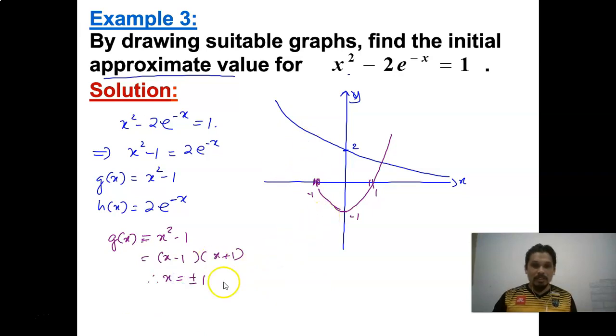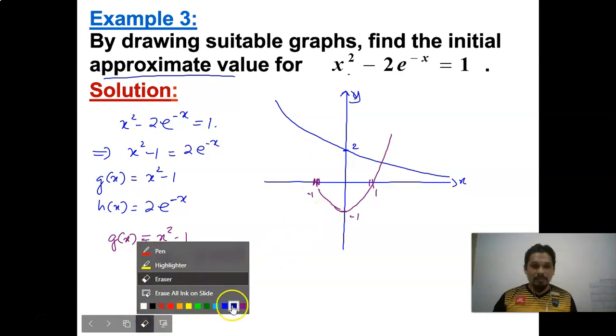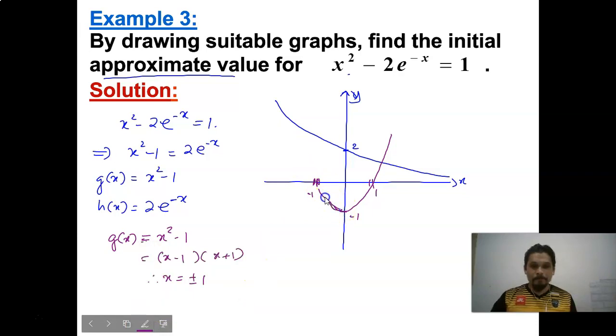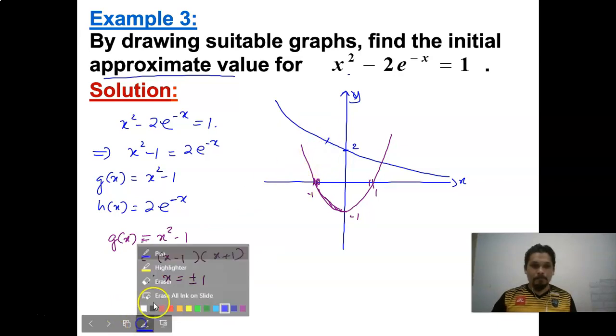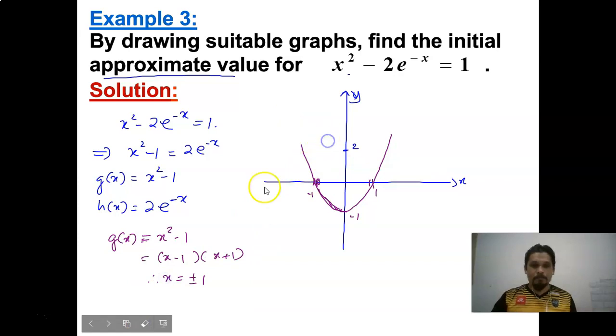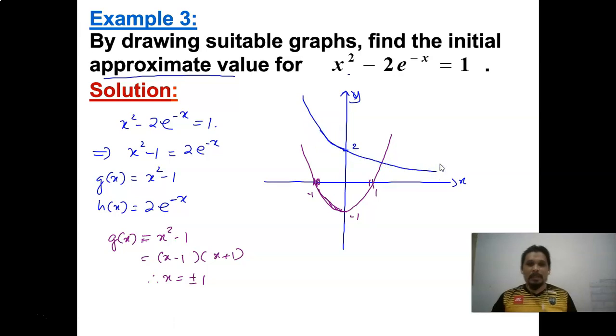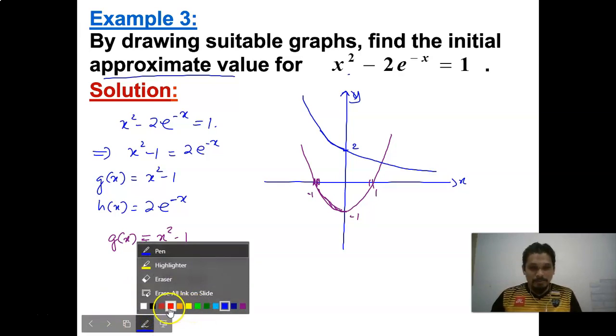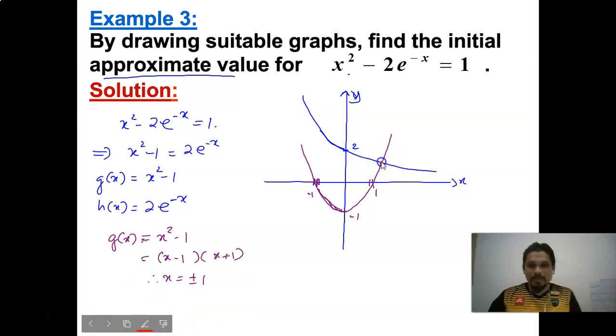If, let's say, this graph did not meet each other, then okay. Everyone, I'm sorry for that. We call that bad sketching.